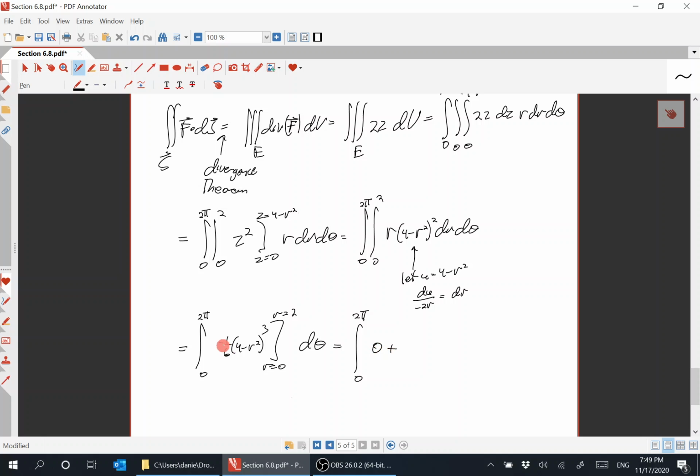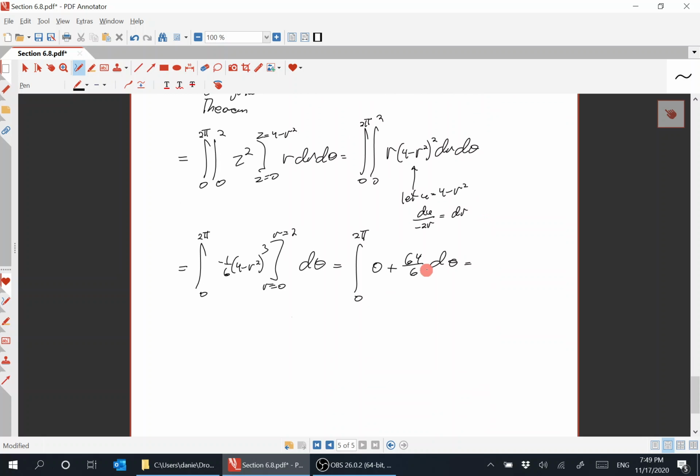At 0, the negative becomes a plus because we're subtracting, so 4 to the third, which is 64 over 6, d theta, just 32 over 3 times 2 pi. So that's 64 over 3 pi.